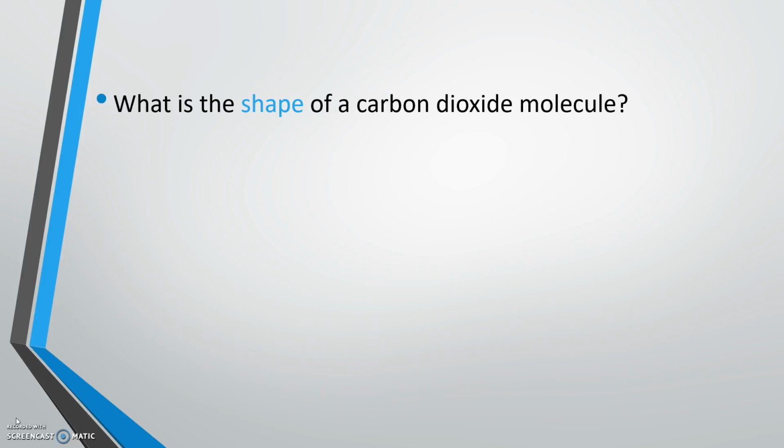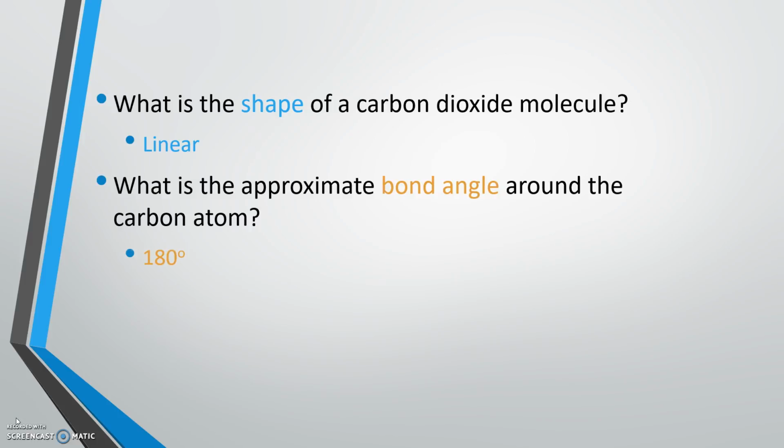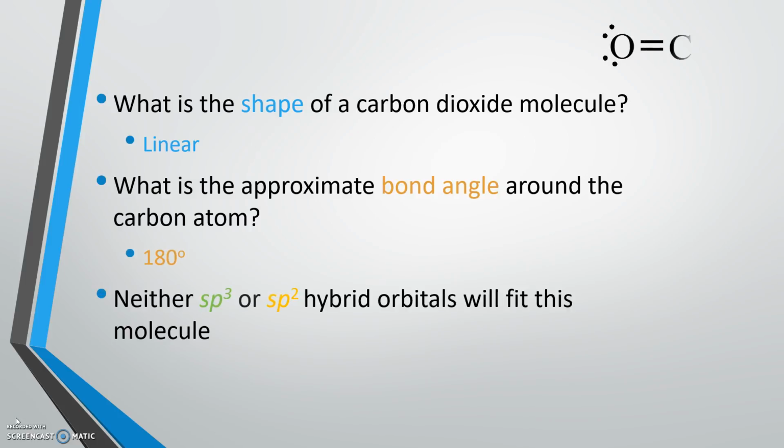All right, let's consider a third familiar molecule, which is the carbon dioxide molecule. The shape of this molecule is linear, and the approximate bond angle around the carbon atom is 180 degrees. So neither of the previous 2 hybrid orbitals will fit with this molecule.